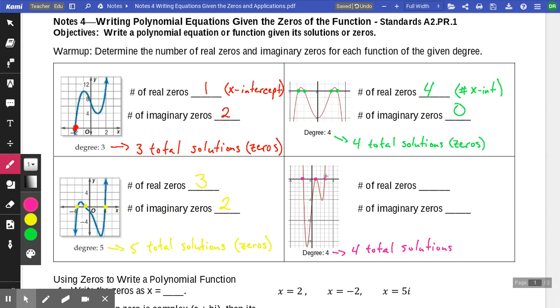And so that would make us tempted to say that there are 3 real zeros and 1 imaginary zero to get that total of 4. Now, that's actually not true. It's actually impossible to have an odd number of imaginary zeros. They always occur in pairs. And so you always have an even amount of imaginary solutions, like you've seen in the other cases, 2 here, 0 here, and 2 here.